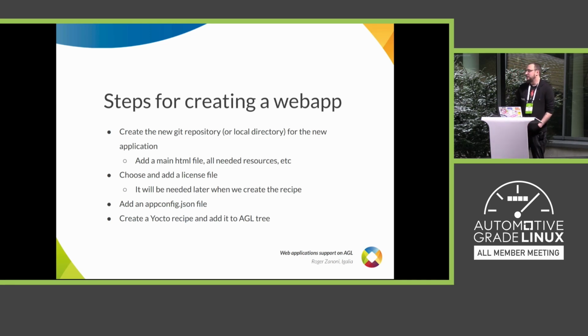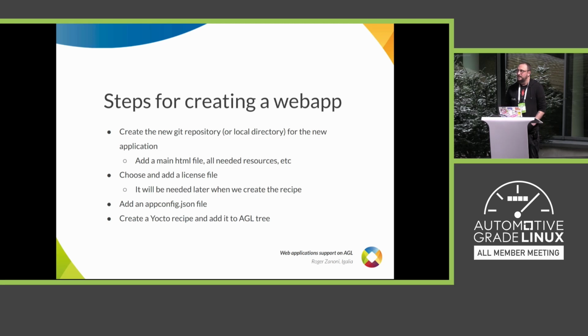First, you need to create your directory, add your source code and the license file, this app.config file I mentioned, and you need to create a new recipe for your application and add it to the AGL tree.